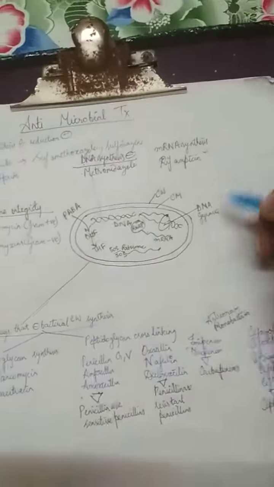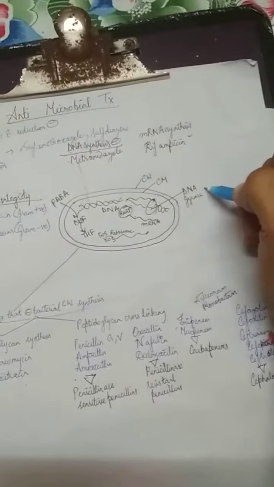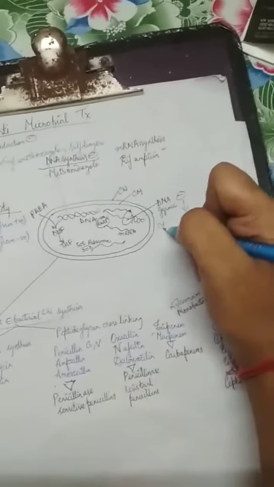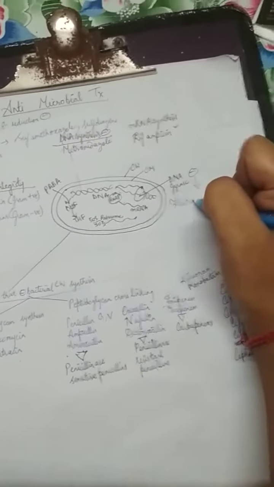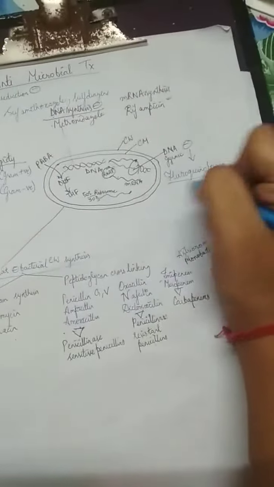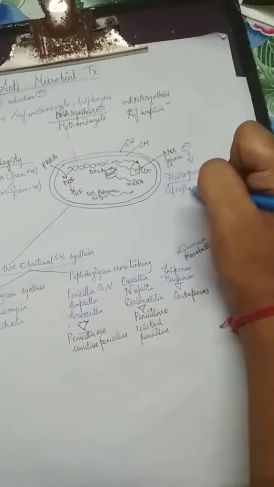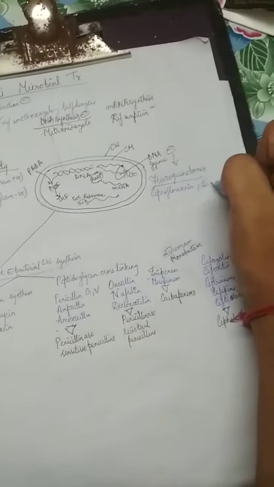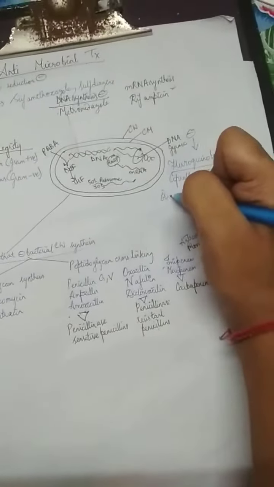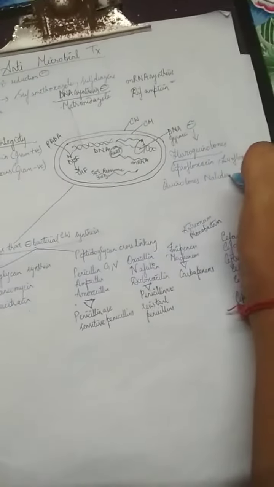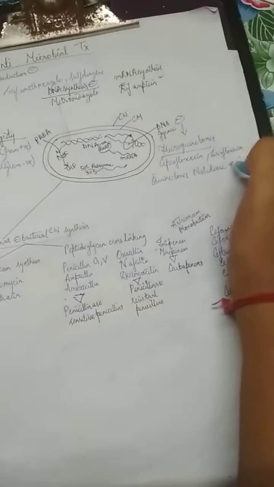Now drugs that inhibit the DNA gyrase, so DNA gyrase inhibitors, I'll just write down here, like fluoroquinolones like ciprofloxacin, levofloxacin, some quinolones, nalidixic acid.